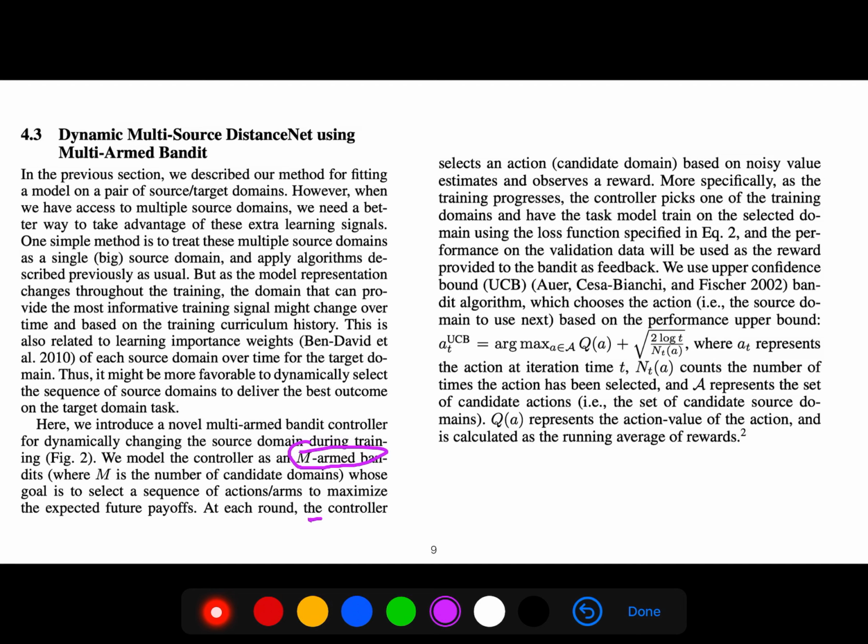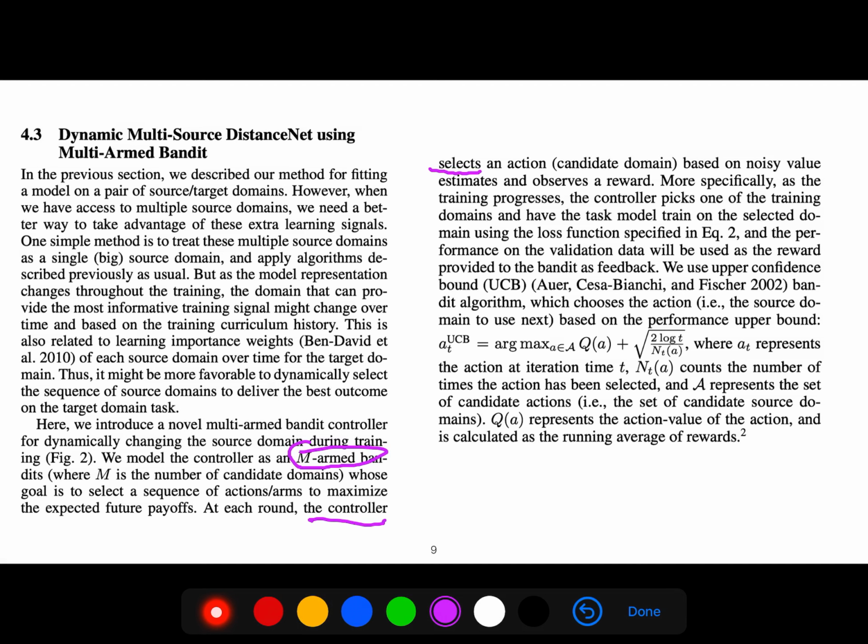So at each round, the controller selects an action based on noisy value estimates and observes a reward. More specifically, as the training progresses, the controller picks one of the training domains and has a task model trained on the selected domain using the loss function.